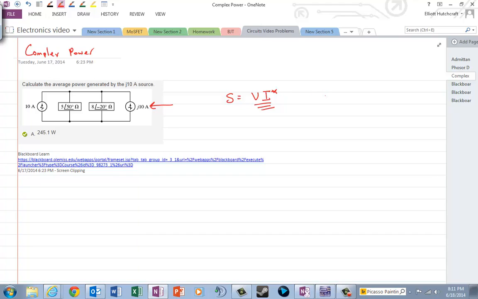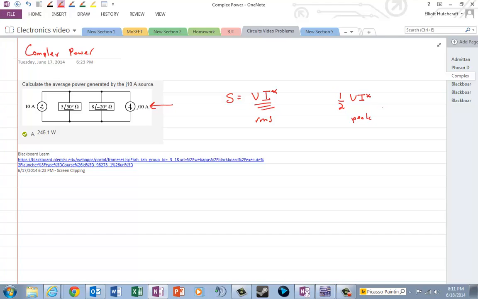If it is in peak amplitudes for the sources, then the formula I need to use is 1/2 V I conjugate. So this is the formula if they're in RMS, and typically it will say they're in RMS, and this is the formula to use if V and I are in peak.